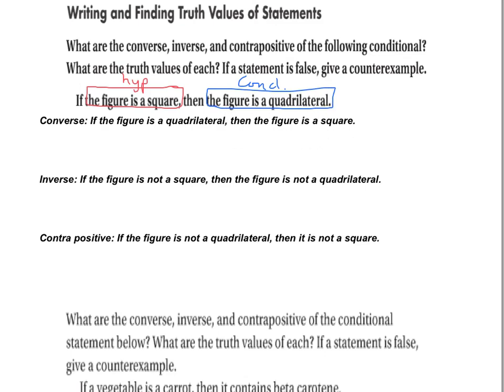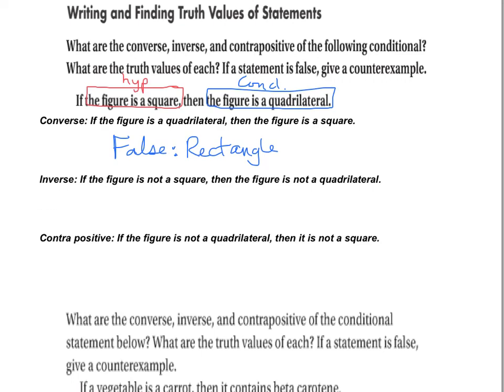Now we have to figure out if this is true or false. If it's a quadrilateral, a four-sided figure, then it is a square. Is that true or false? Well, this is false. The reason it's false: give me another four-sided figure that's not a square, a rectangle. That's a counterexample.